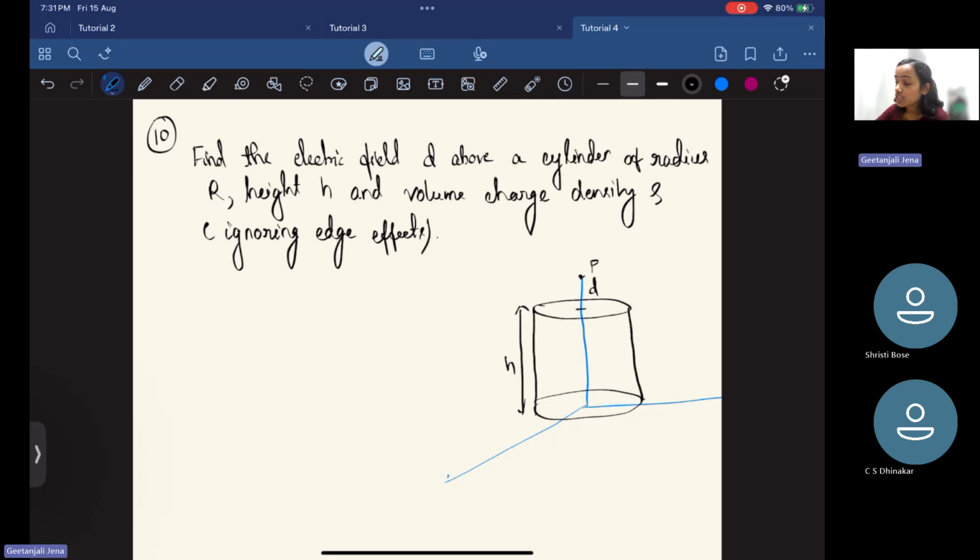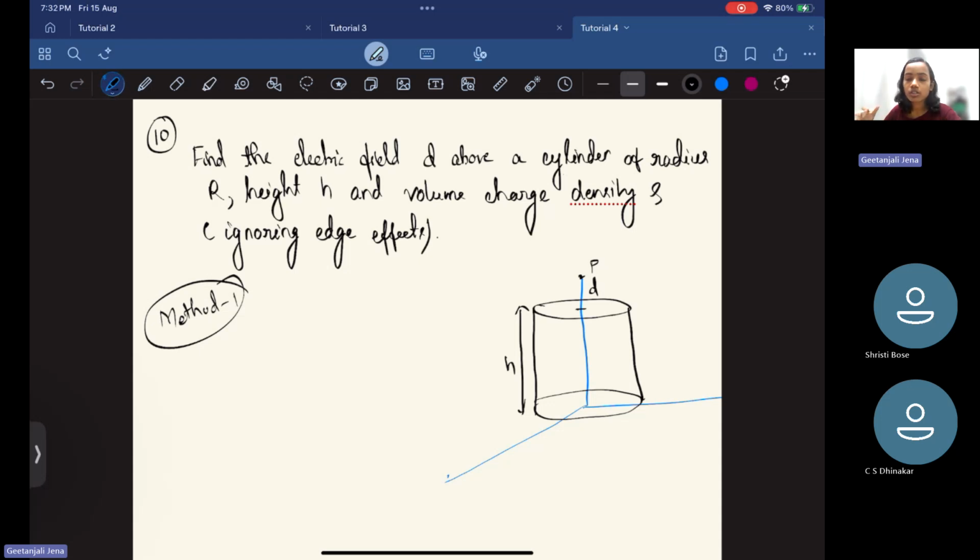So I will show you two methods of how you can calculate the field for this problem. One is taking a small charge element, then finding dE, then finding out whether this has any symmetry or not, and taking the integration. The other method is finding it using a shortcut. If you know the electric field due to a disk, a cylinder is nothing but a combination of multiple disks.